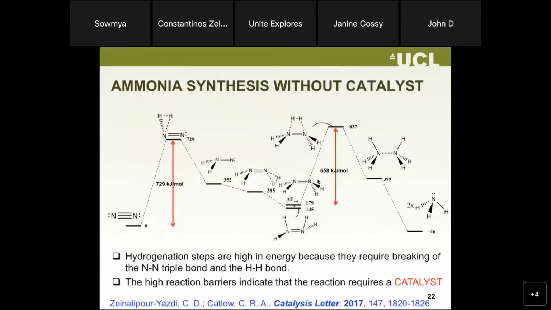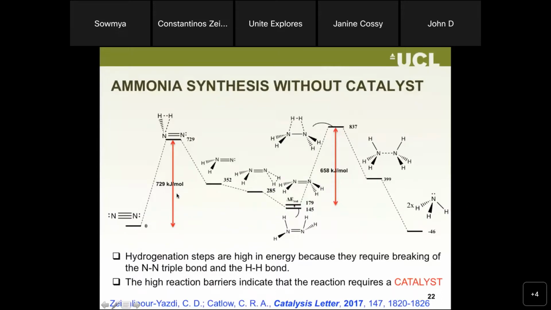So first, we wanted to see, can we model the reaction mechanism without a catalyst, just in gas phase? How much energy is needed for nitrogen and hydrogen to react in order to produce ammonia? You can see in this potential energy diagram that we start with nitrogen, and the first hydrogenation barrier is 729 kilojoule per mole.